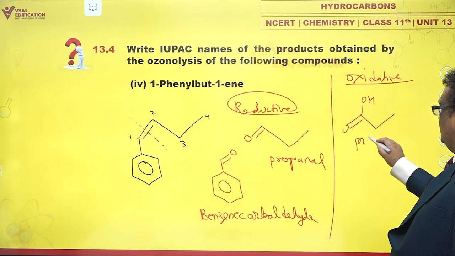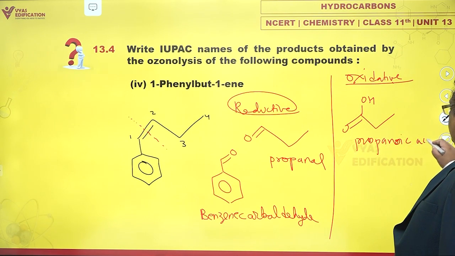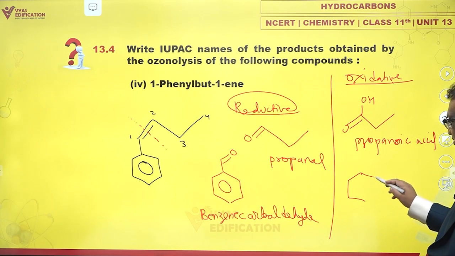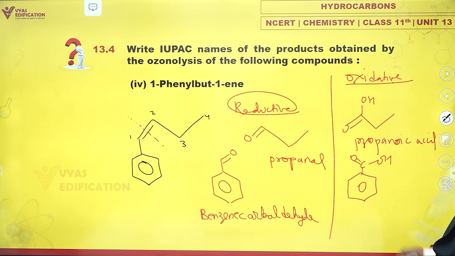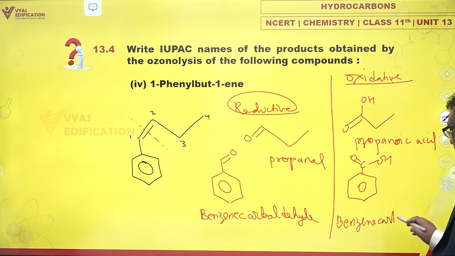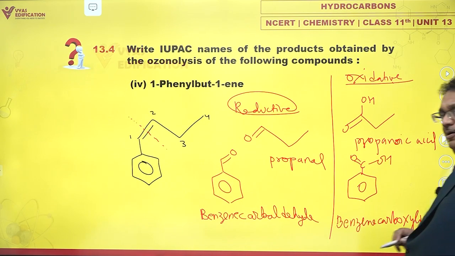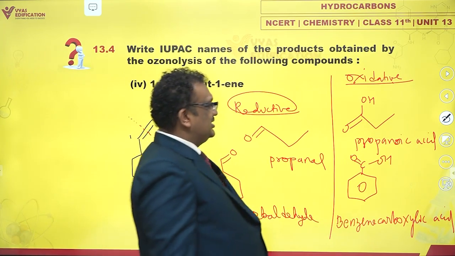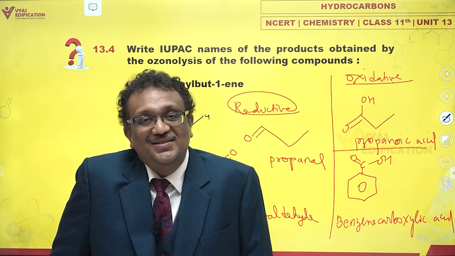This becomes propanoic acid, and this becomes benzoic acid or benzenecarboxylic acid. Benzoic acid is the common name, and benzenecarboxylic acid, my dear, is the IUPAC name.